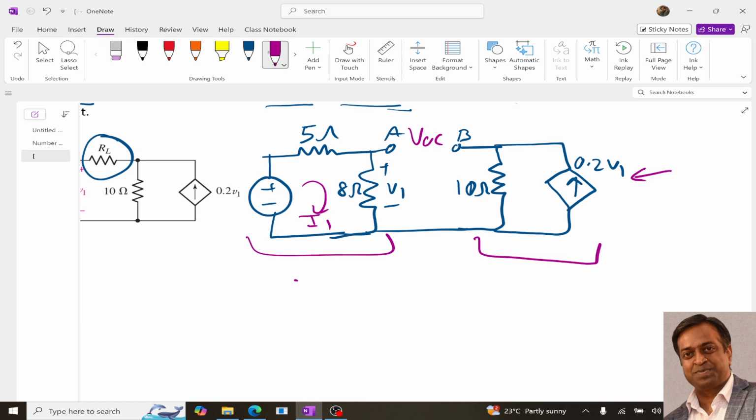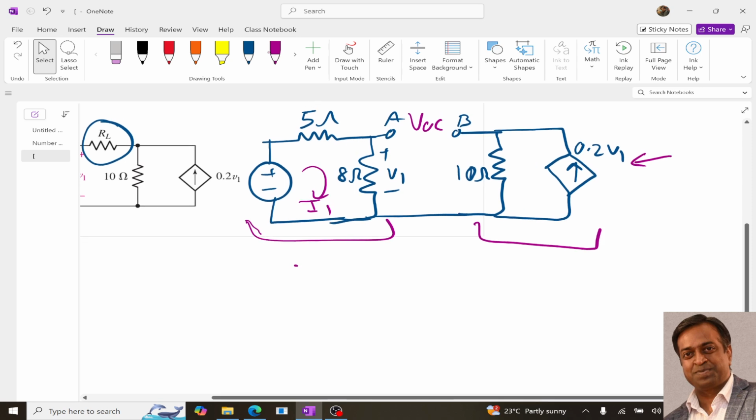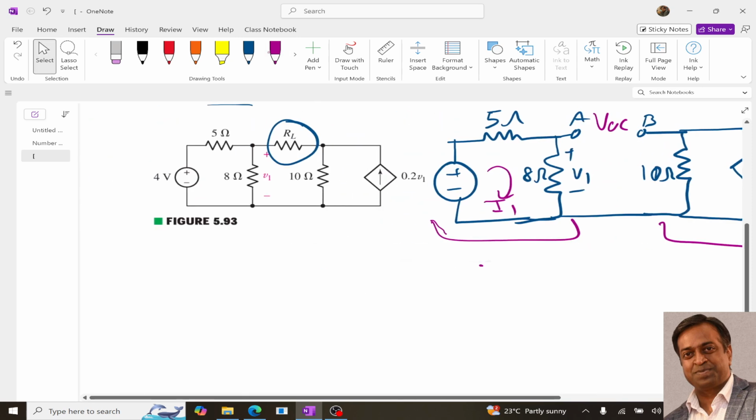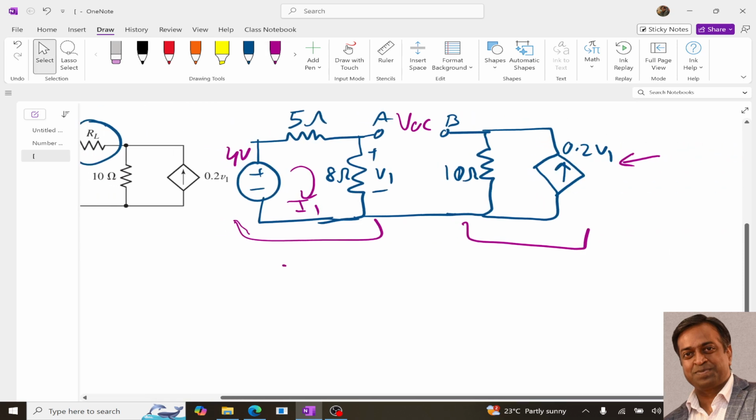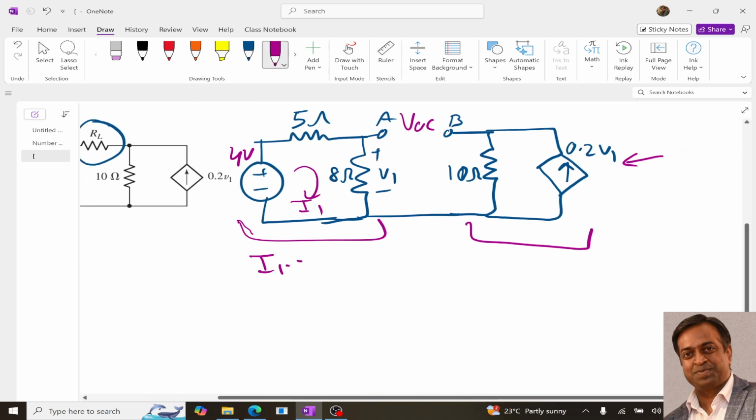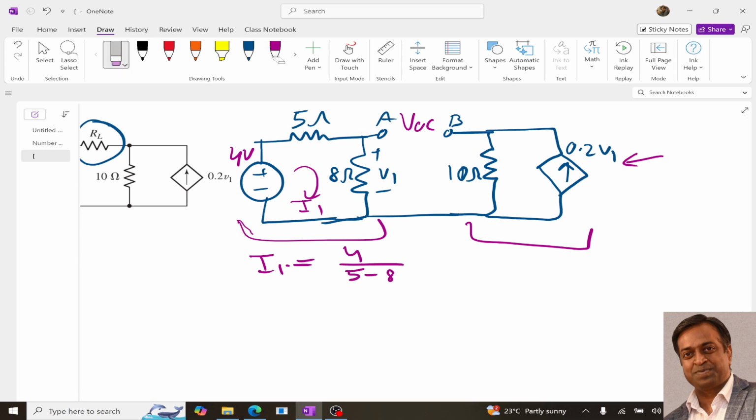To determine I1, I can directly apply KVL. This is 4 volt. So directly I can determine I1 as 4 upon 5 plus 8, right? Or first let me write a KVL equation. Minus to plus, it is 4.